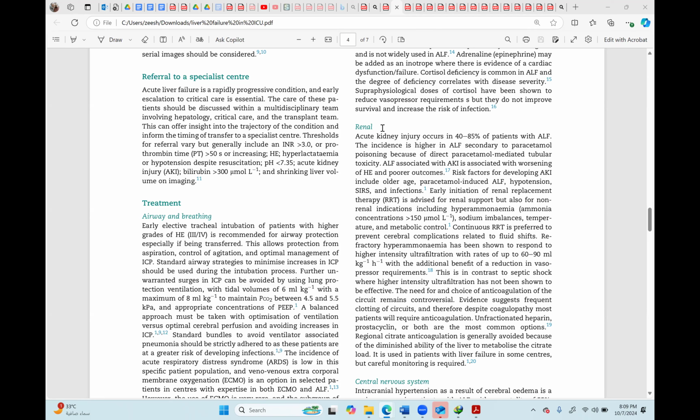Yes, sir. And what will be the difference between CRRT and dialysis? Main difference. Sir, one is intermittent hemodialysis and the other is continuous renal replacement therapy. This is not the correct point.